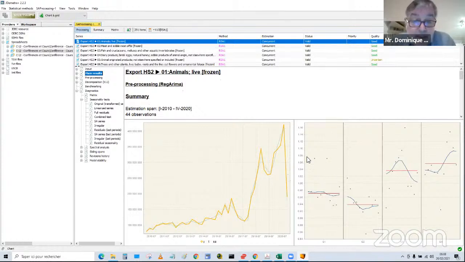So let me continue my interpretation before I decide what I'm going to do. If you have a look at the right graph, you see that the dots are everywhere on the screen, okay, on the graph. So it means that you have a large irregular.